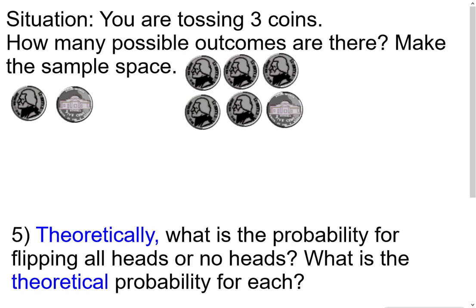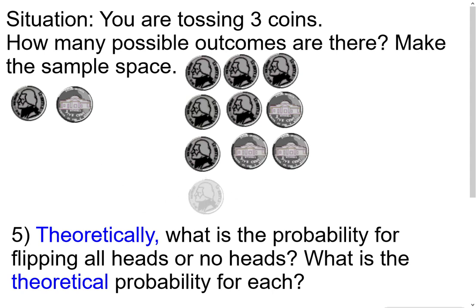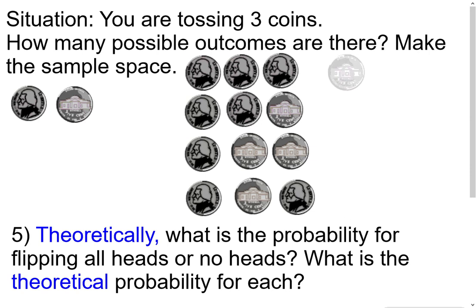So now I have heads, heads, tails. I keep going through this, and I could also get a head, tail, tail, or maybe when I flip my 3 coins, I end up with heads, a tail, and another head. But then I have all these other situations too where maybe I end up with tails, tails, tails.